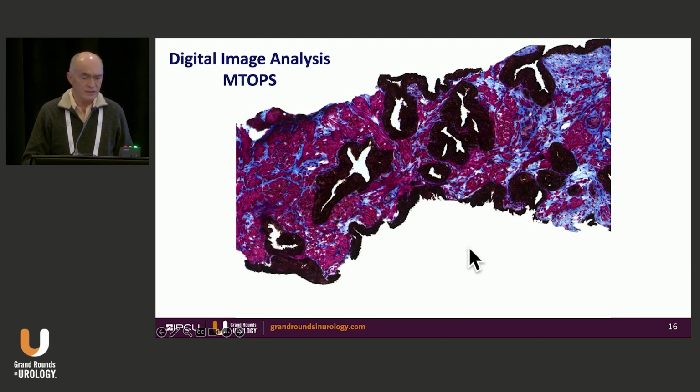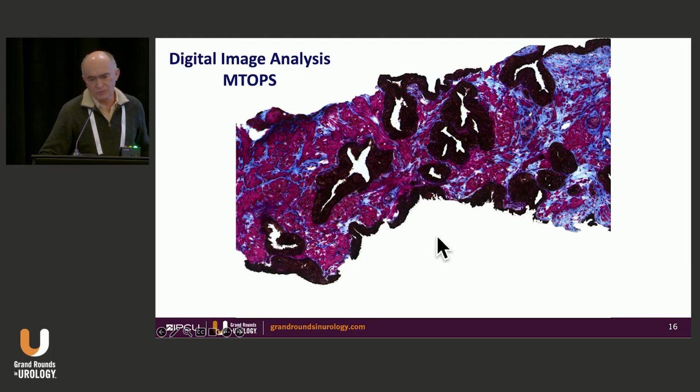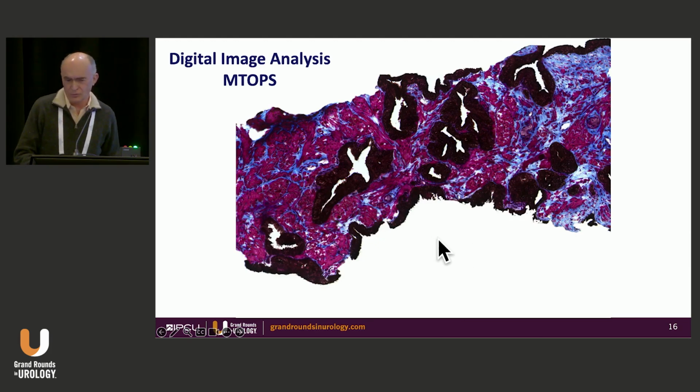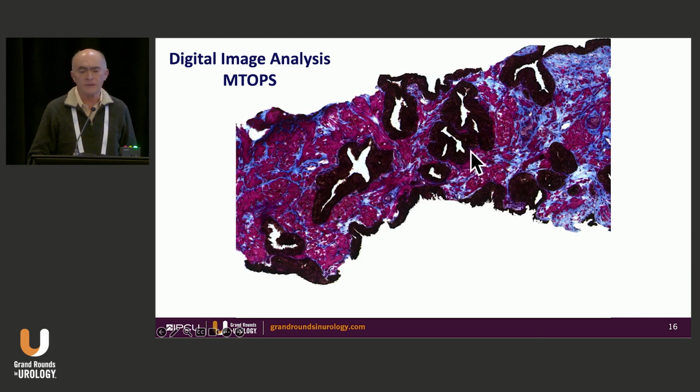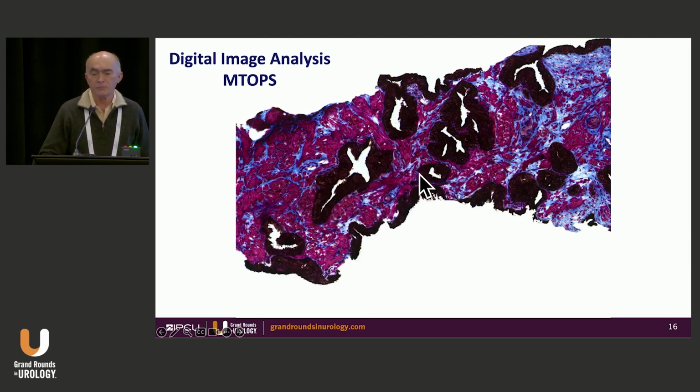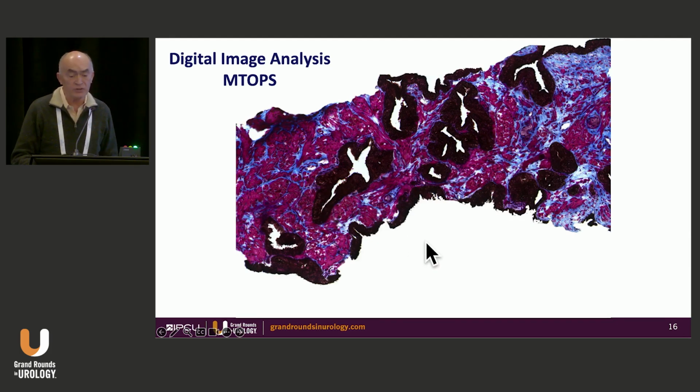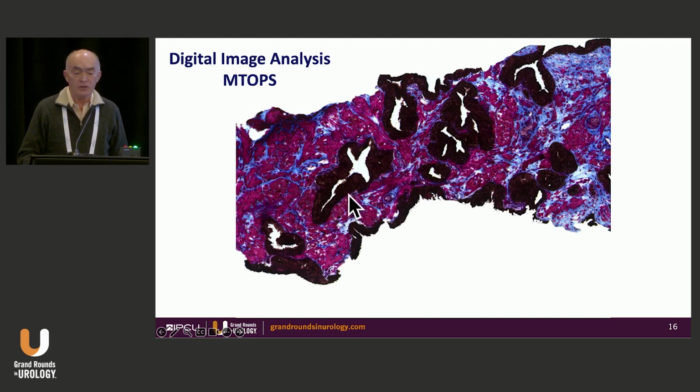About 10 years ago, we worked 2 or 3 years with the MTOPS project. This is a prostate biopsy that has been stained with trichrome staining and also pancytokeratin. The pancytokeratin stains the epithelial component, and the trichrome stains the muscle red and the fibroconnective tissue blue.